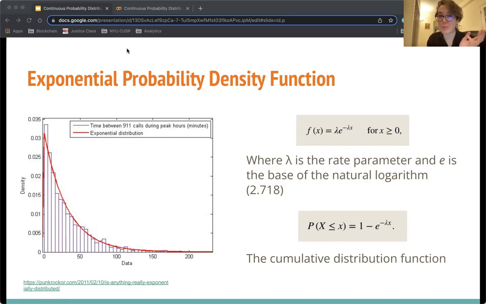And one example of where we would apply this that would be very valuable to know would be something like the amount of 911 calls during peak hours we would expect to see. This type of decay function is captured by that negative exponent of lambda.